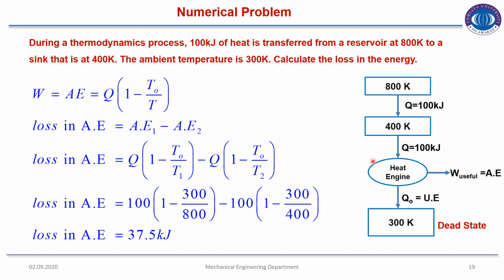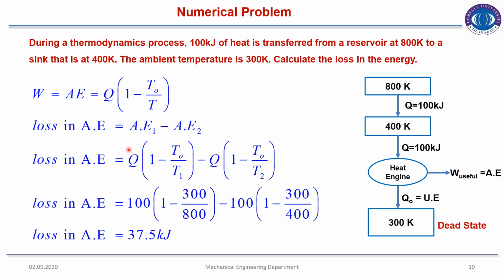The difference of available energy between the two cases will represent the loss in the energy. So the loss in the available energy is available energy 1 minus available energy 2, where available energy 1 is when the heat engine is connected to the 800 Kelvin reservoir, and available energy 2 is when it is connected to the 400 Kelvin reservoir.